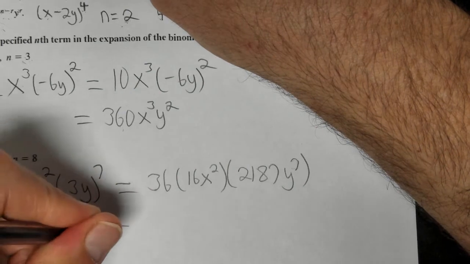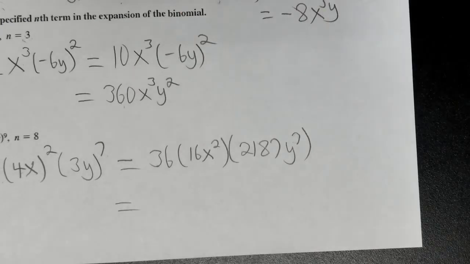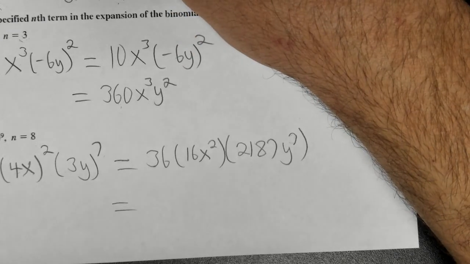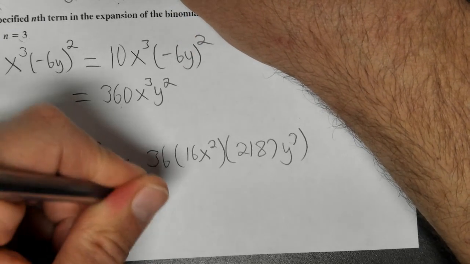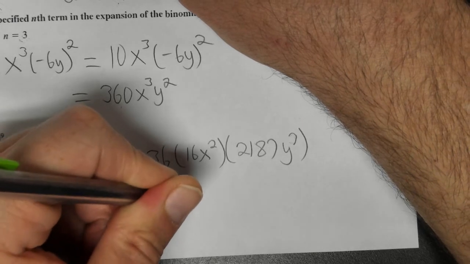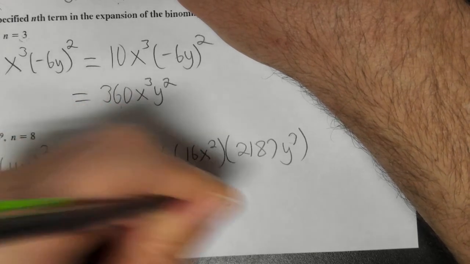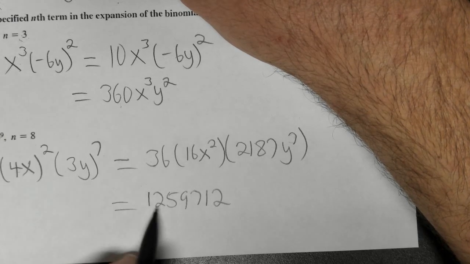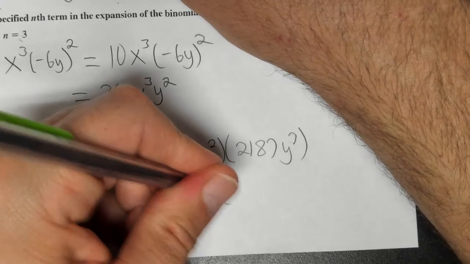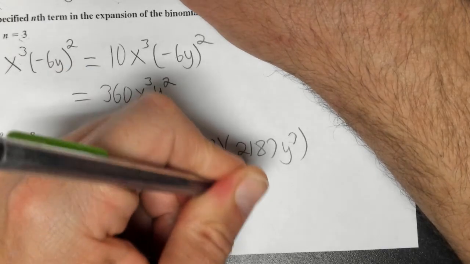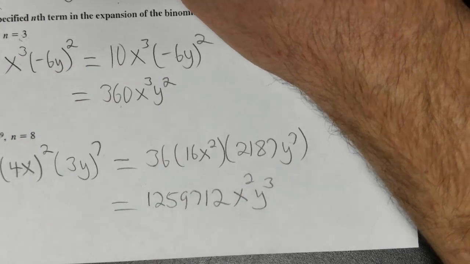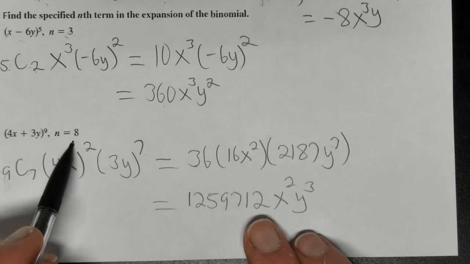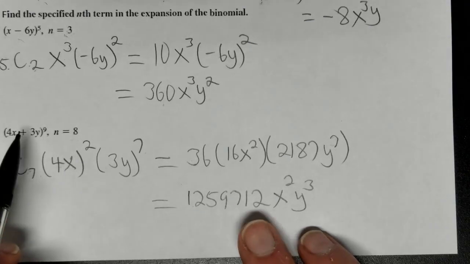So now it's just a matter of multiplying all those numbers together. And so when you do, you should get 1,259,712. All right. And so that's over a million x squared y to the 7th.